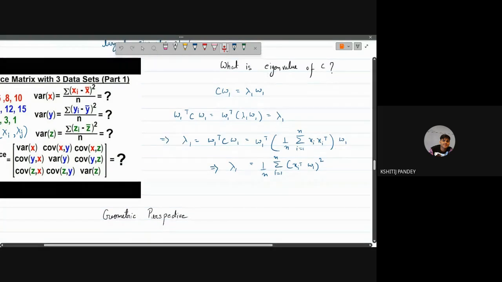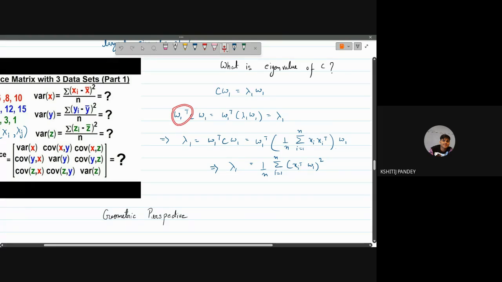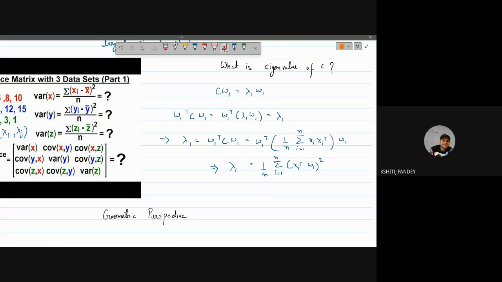Let's see. What you have to do is pre-multiply both sides with W1 transpose. This quantity is a scalar, so you can take it out. Inside you will have W1 transpose W1, and we already know the norm of W1 is equal to 1.